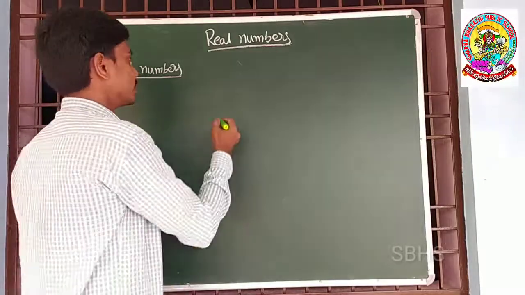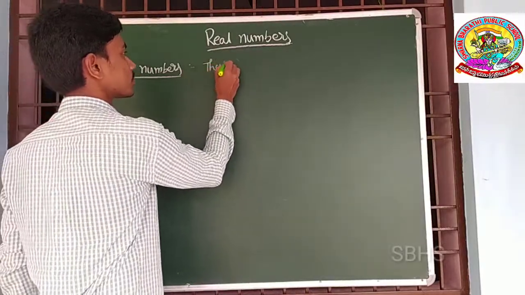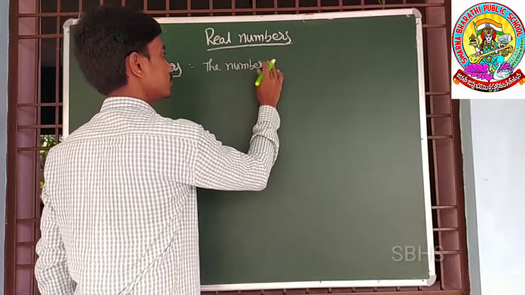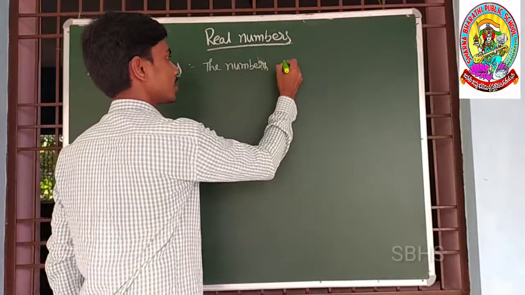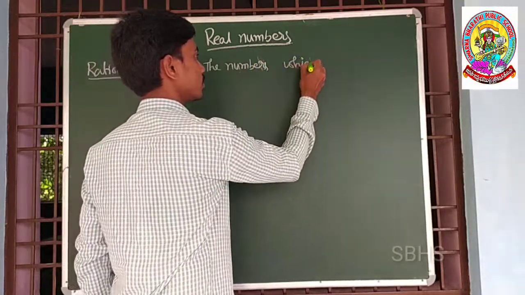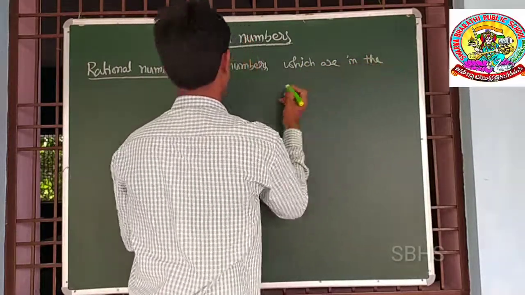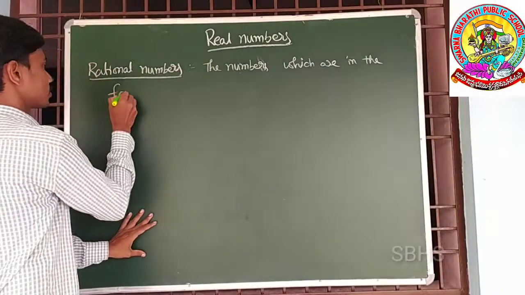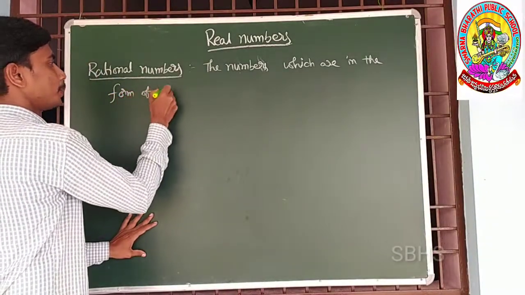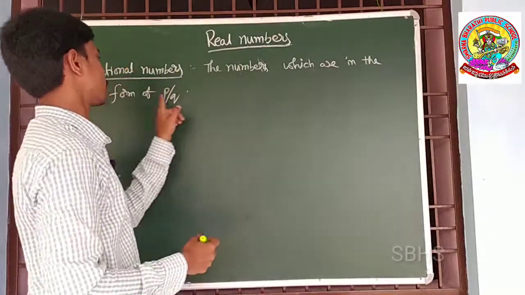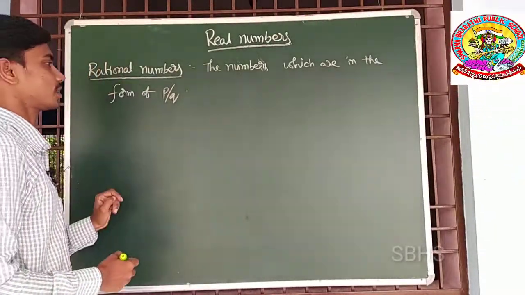Rational numbers, the numbers which are in the form of p by q, are known as rational numbers.